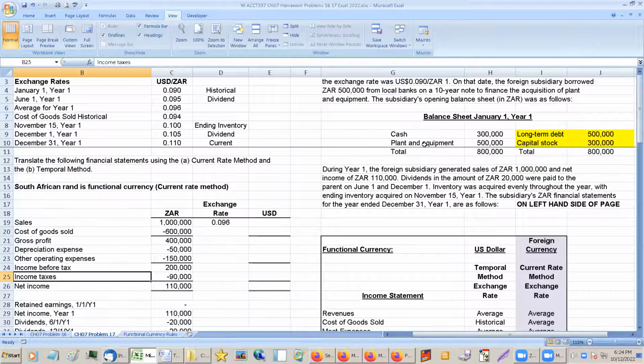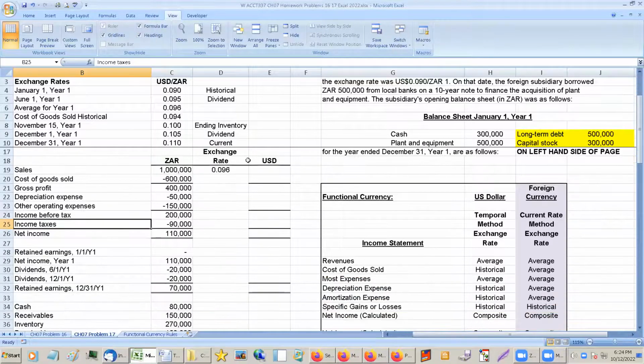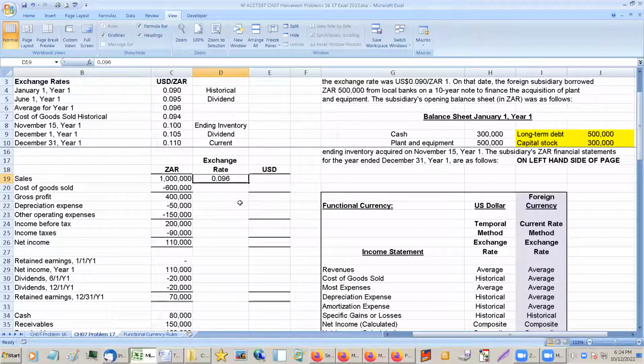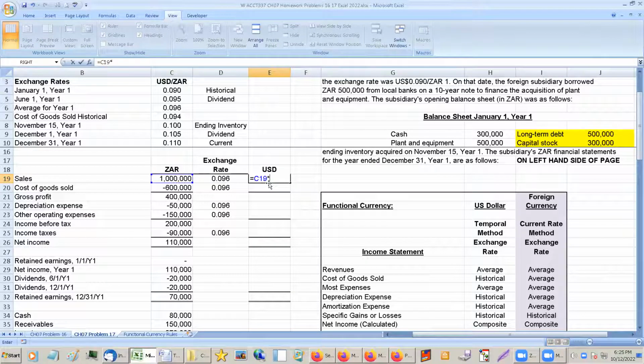I didn't hear about it. Okay. Yeah, so we'll use this 0.96 rate for pretty much everything on the, and the idea is that throughout the year you're buying stuff at about the same rate.